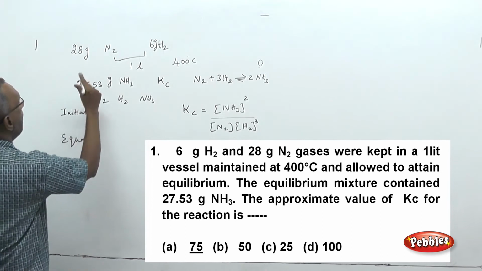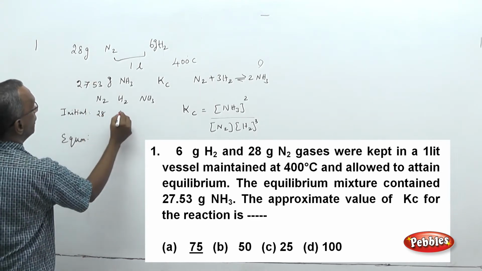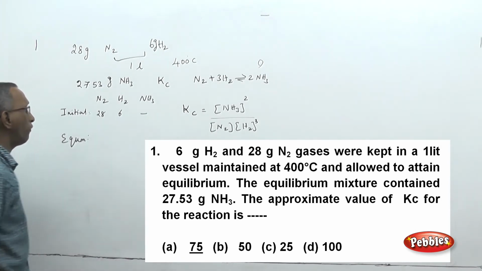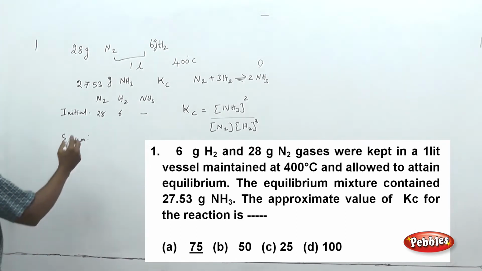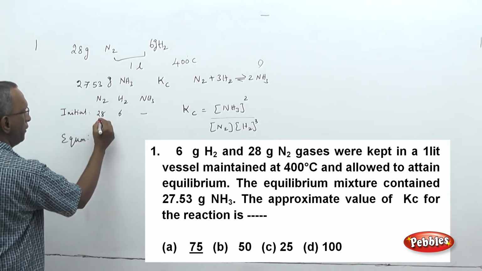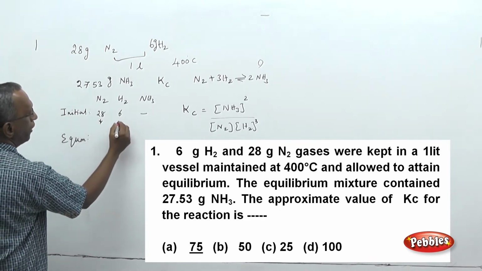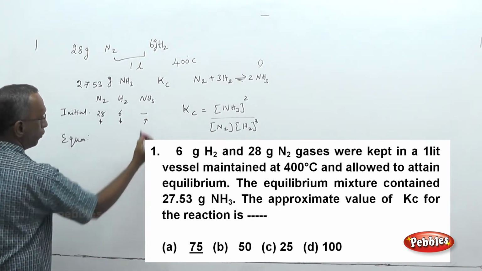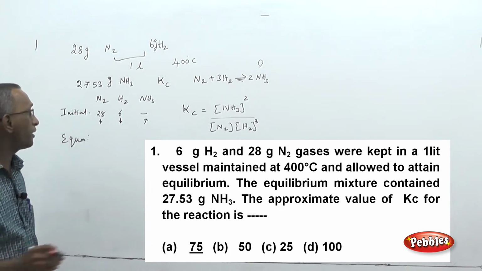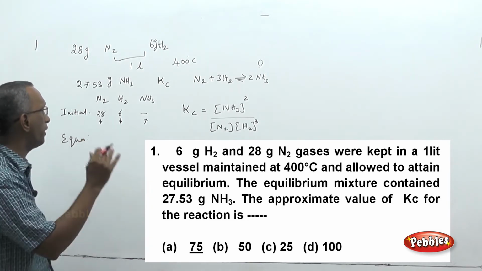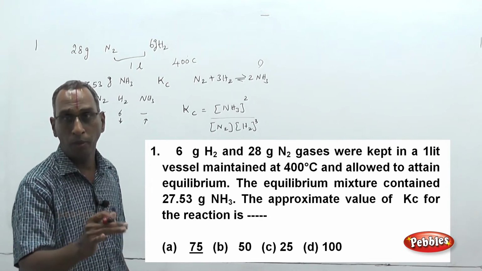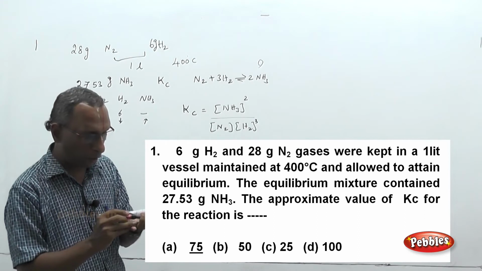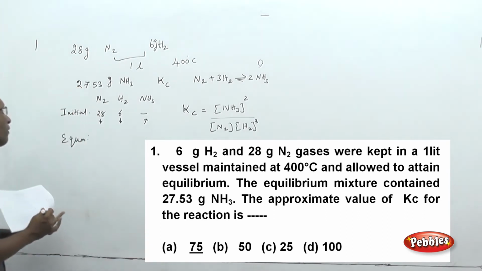Initially 28 grams of nitrogen and 6 grams of hydrogen are there, with no ammonia. After the reaction proceeds, the nitrogen amount goes on reducing, the hydrogen amount goes on reducing, and the ammonia amount goes on increasing. At certain states, some fixed amounts of nitrogen, hydrogen and ammonia are present because of simultaneous reactions on either side, forward reaction as well as backward reaction.